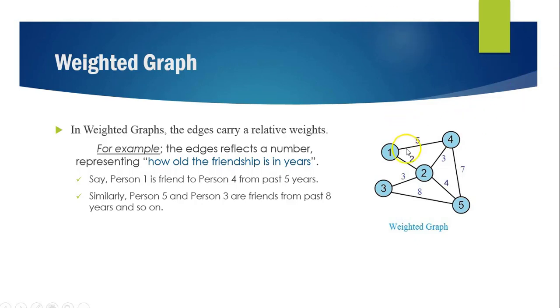If we see this diagram here, person 1 is a friend of person 4 for the last 5 years, and person 1 is a friend of person 2 for the past 2 years. Similarly, 2 is a friend of 4 for the last 3 years, and 2 is a friend of 5 for the last 4 years, and 2 is a friend of 3 for the last 3 years, and so on.